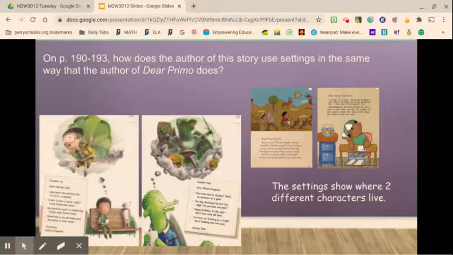So both of these stories have two different settings. In our story for this week with the dragon, we know that George lives in the city and Blaze lives in some kind of fantasy world. So there were two different settings. Just like in Dear Primo, Charlie lives in a city and Carlitos lives on farmland.